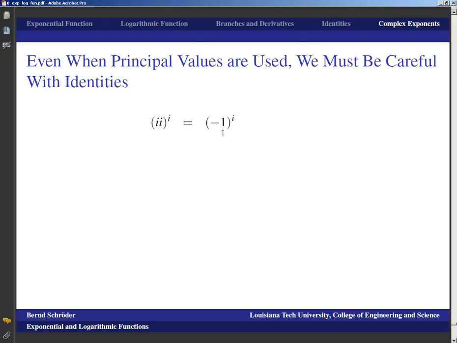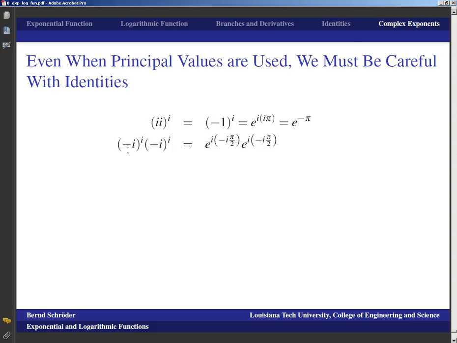Well, we know that's negative 1 to the i, and negative 1 is e to the i pi, so this is e to the i times i pi, and that's e to the negative pi. Whereas for negative 1 to the i, it's tempting here to just say that's negative i times negative i to the i, which is then i to the i.